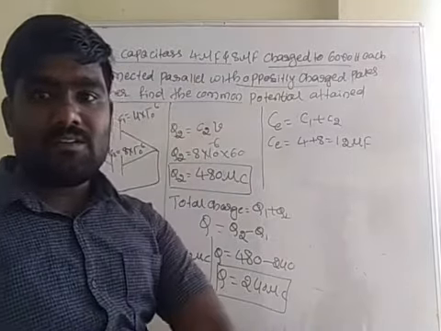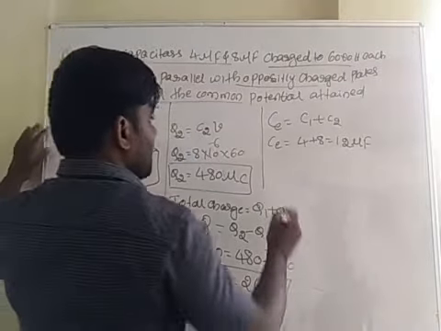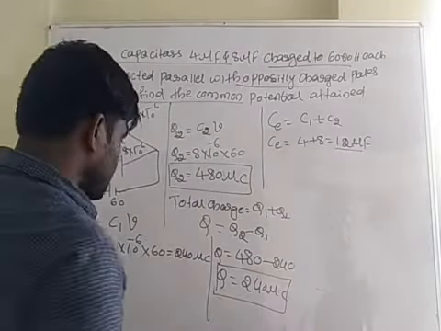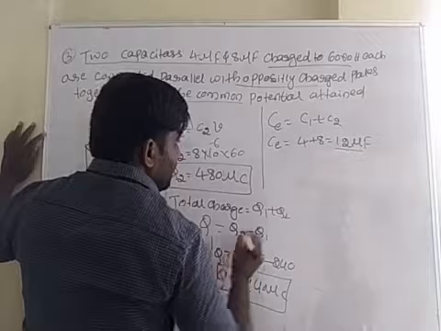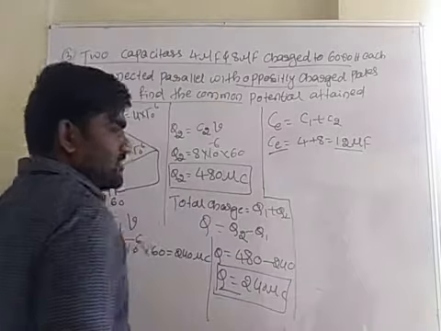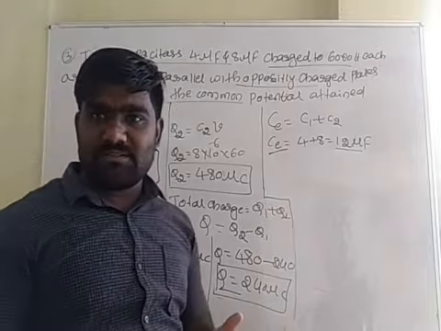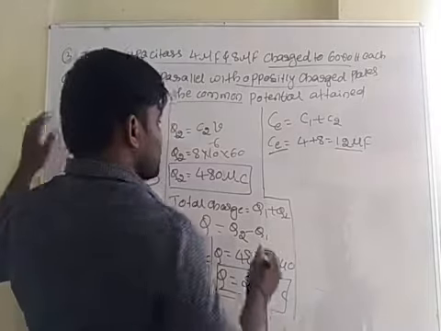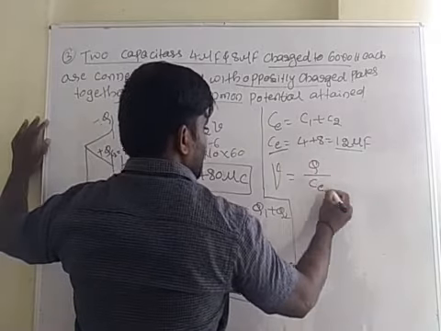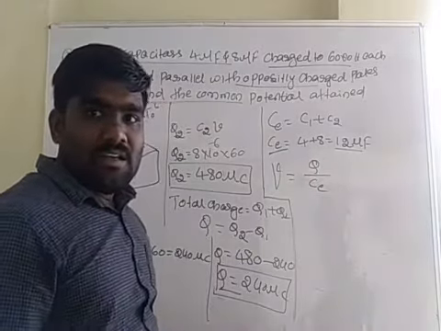Okay? 12 microfarad. So this is CE I had calculated, the effective capacitance. Then Q we know, CE we know. By using these two, what can we calculate? Common potential we can calculate or not? Okay. So this common potential V is equal to Q divided by CE. Is it or not?